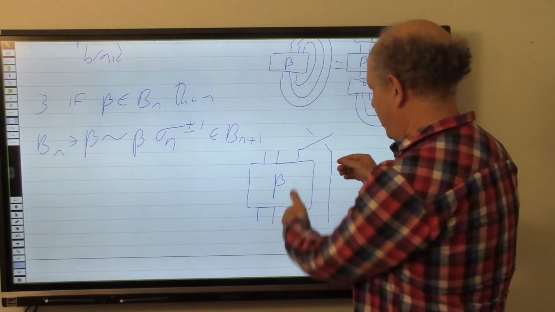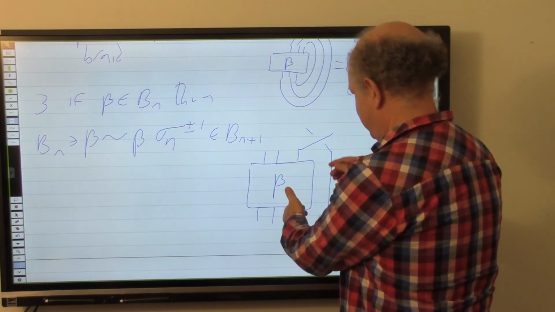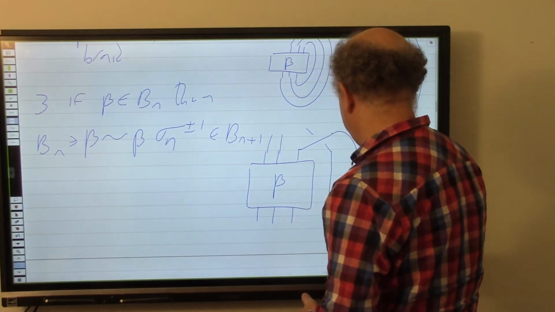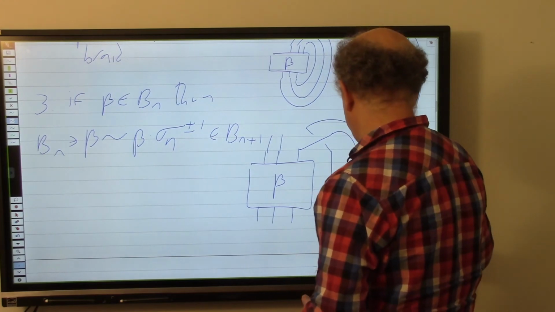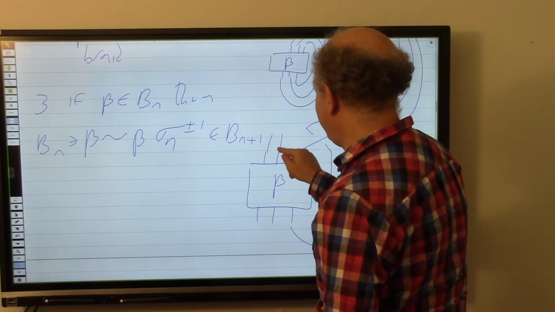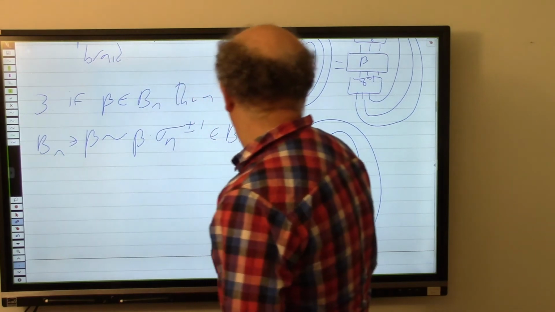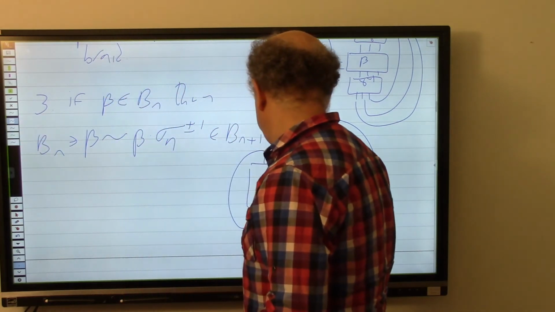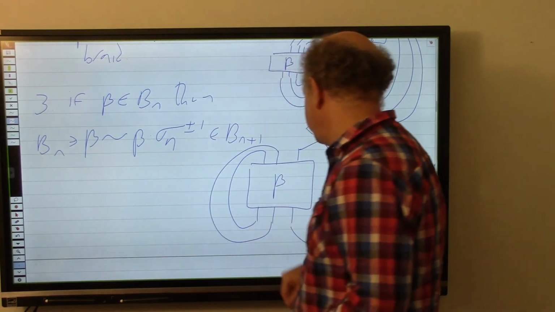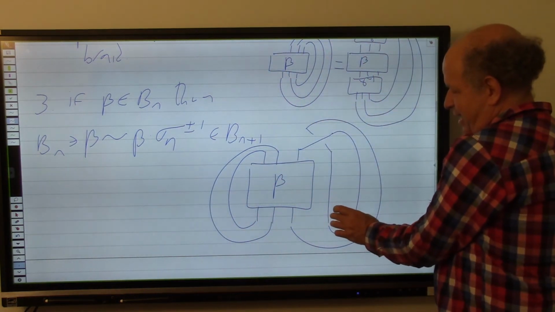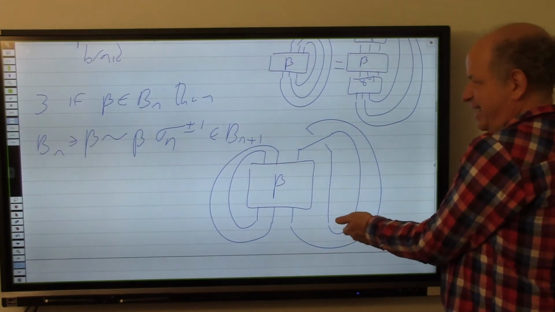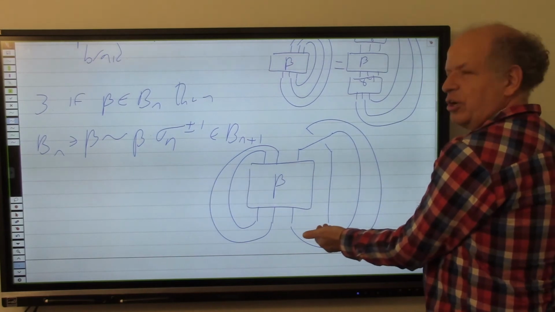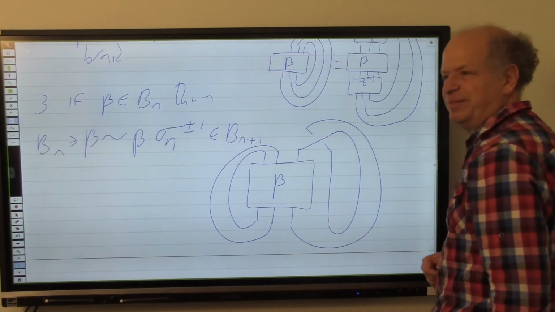So now I added this extra strand with an extra twist, and now suppose I close, so this connects to this connects to that. Let me be lazy and close the other two on the other side, basically for space considerations. But the point is that I can now undo this kink with a Reidemeister 1, and I just got the closure of beta. Okay?